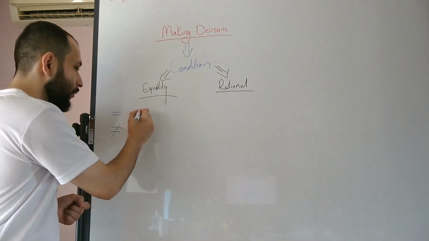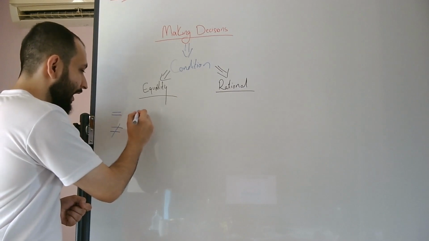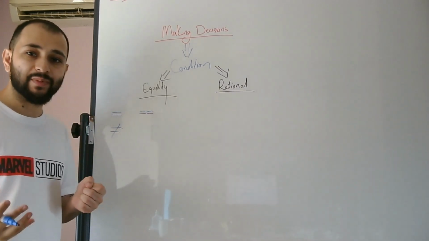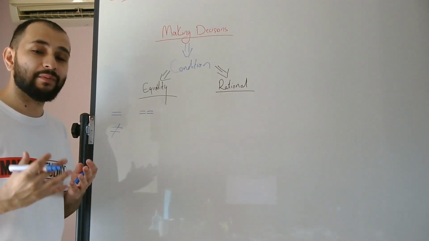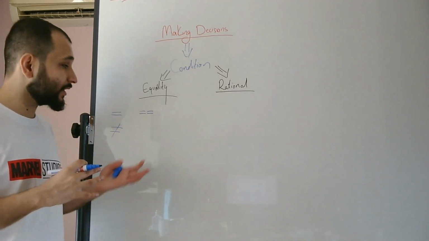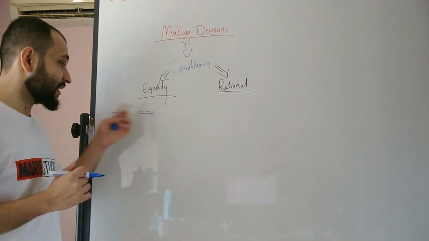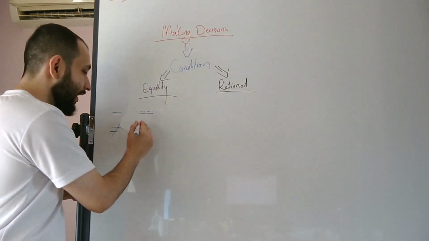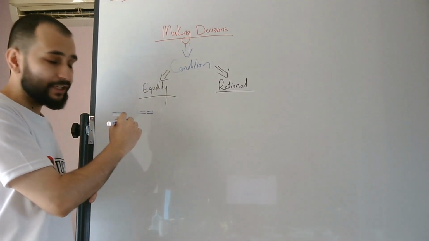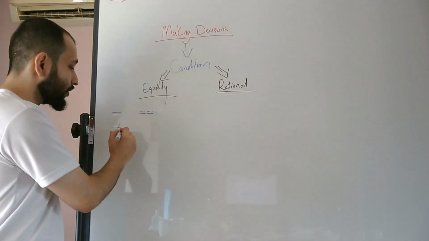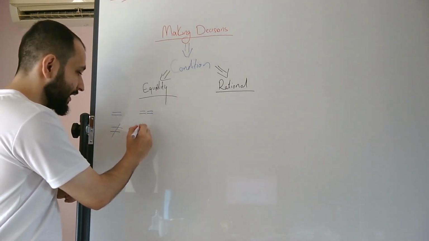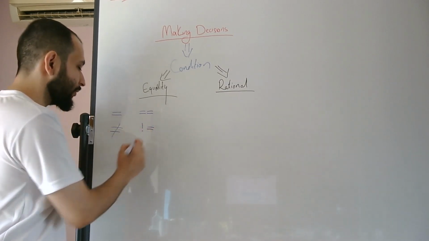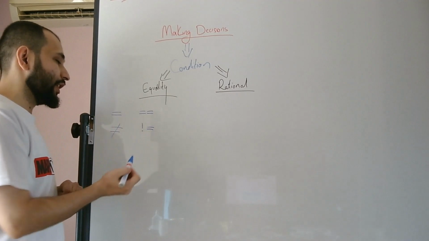In the C programming language, for equal to, we have two equal signs. As we said in the previous episodes, you shouldn't make a mistake between the assignment operator and the equality operator. This is the equality operator with two equal signs, and then we have the not equal operator, which is an exclamation mark and then an equal sign, which is basically not equal to.